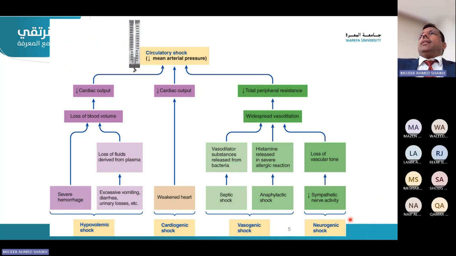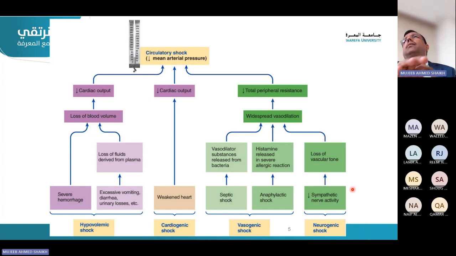If the nerves are not stimulated, or maybe cut, or no information is coming, then there will be less stimulation leading to less vascular tone. This will lead to widespread vasodilatation, leading to decreased total peripheral resistance, which is leading to decreased mean arterial pressure of the person.